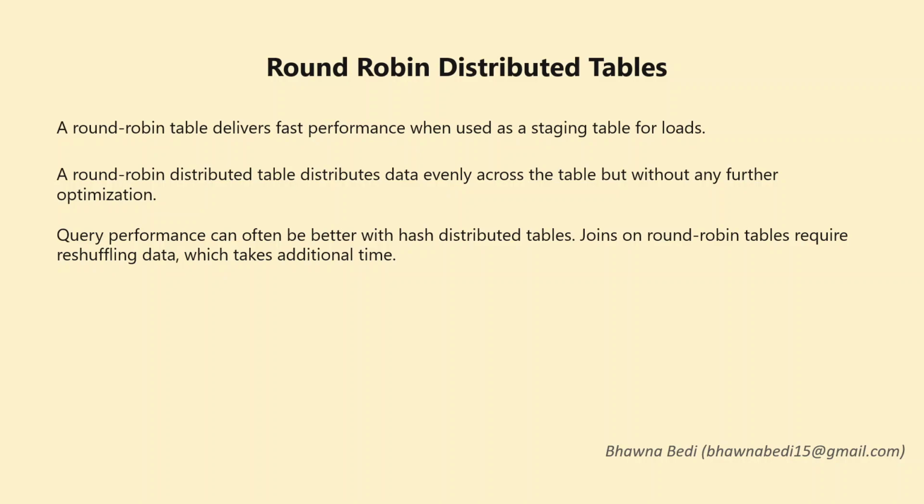When I say data skewness, maybe in your table you have a column named X which has 60 rows of 1 and 2 rows of 2. In that case, if you choose X as your column, you basically end up having 60 rows in one distribution and just 2 rows in another distribution, which will lead to data skewness, right? So you don't have to choose that type of a column.